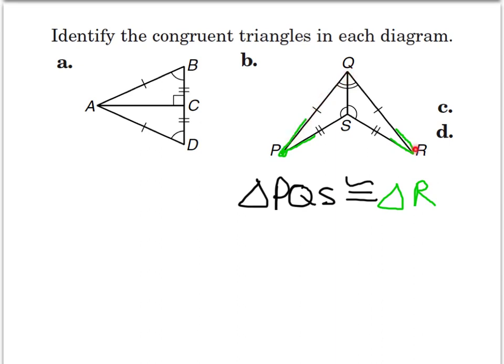So that means I'll have to follow from R along the same segment. So PQS and RQS.